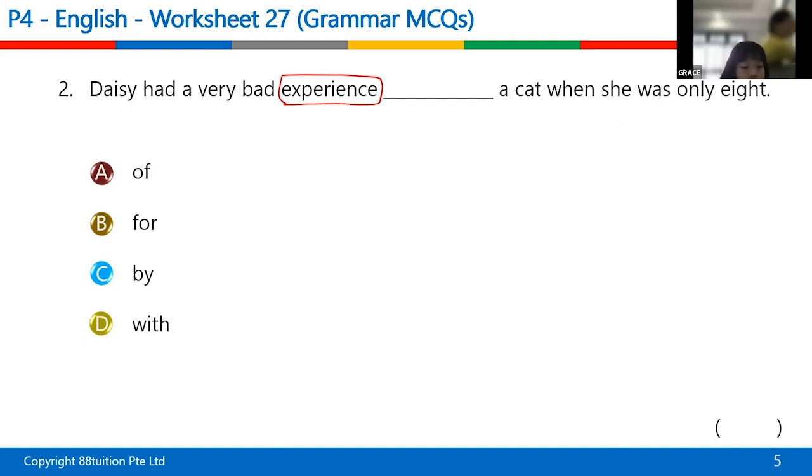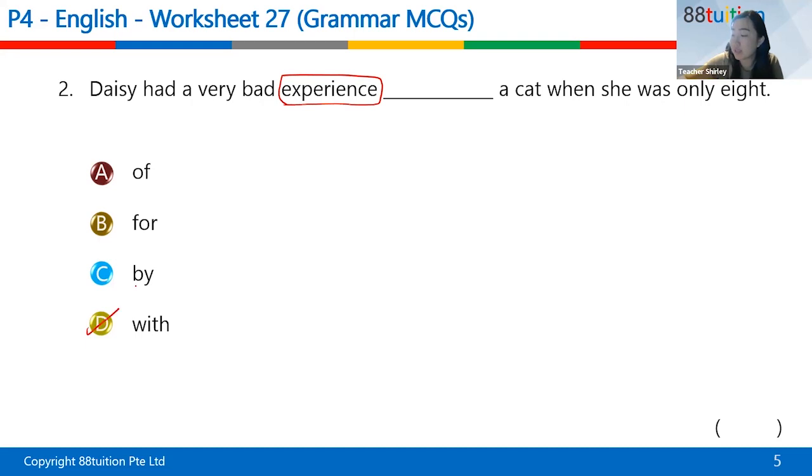With. Yes. Okay, because when it comes to an experience, it's experience with, right? When you have an experience, it's usually with something. But of course, of is used in other contexts, not experience. Are you mindful of the rules in school? So there are certain words that just belong together.